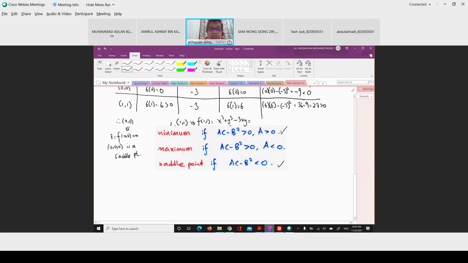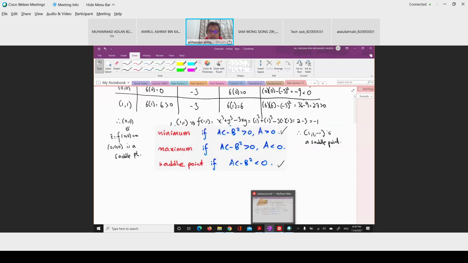So if I replace x by 1 and y also by 1, the result is 2 minus 3 equal to minus 1. Okay, so the point 1, 1, minus 1 is a saddle point. It's a saddle point on the surface, right?